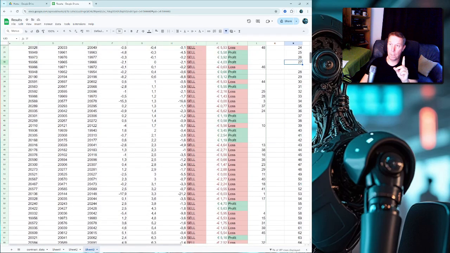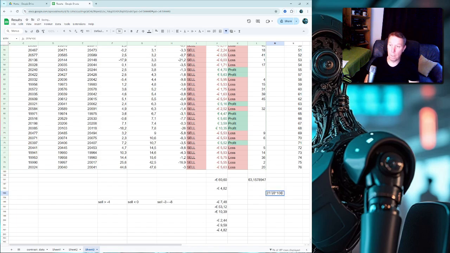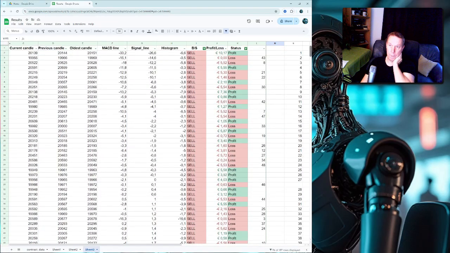27 trades. Now I need to think. So we have 27 divided by 76 times 100. Equal sign. 35% of the trades of last week were in that region. And then of those 27, I'm going to count again.